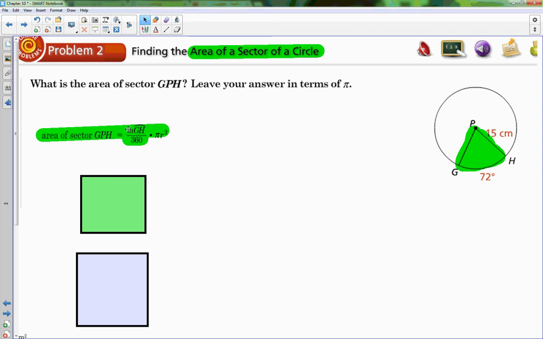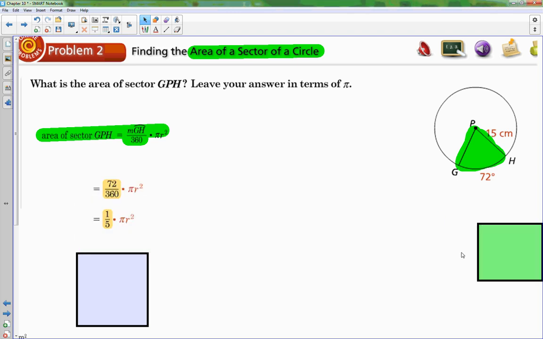So if whatever our arc length is, we need the arc length, we need the radius, and then we can plug it right into the formula. So we get 72 divided by 360.